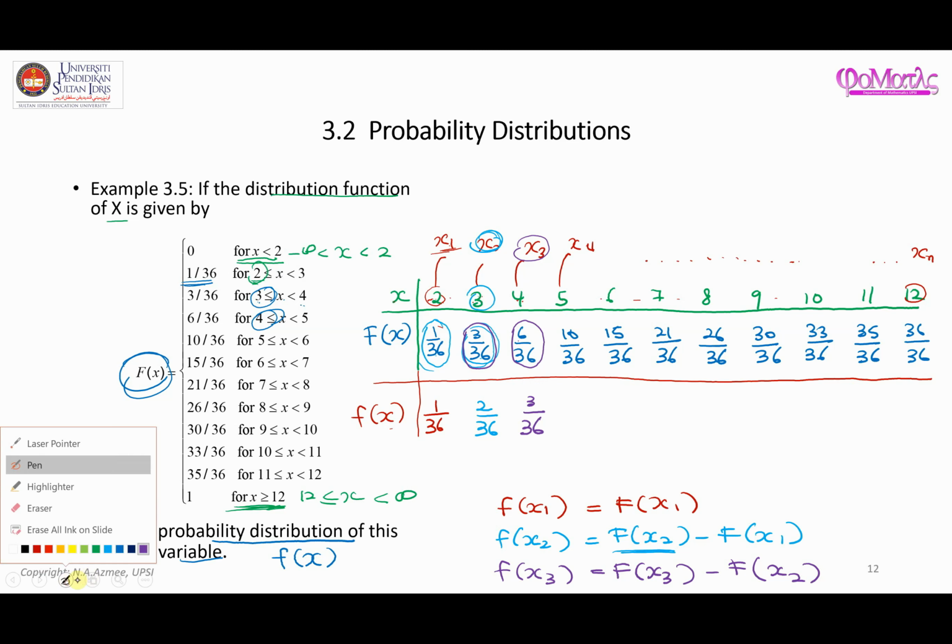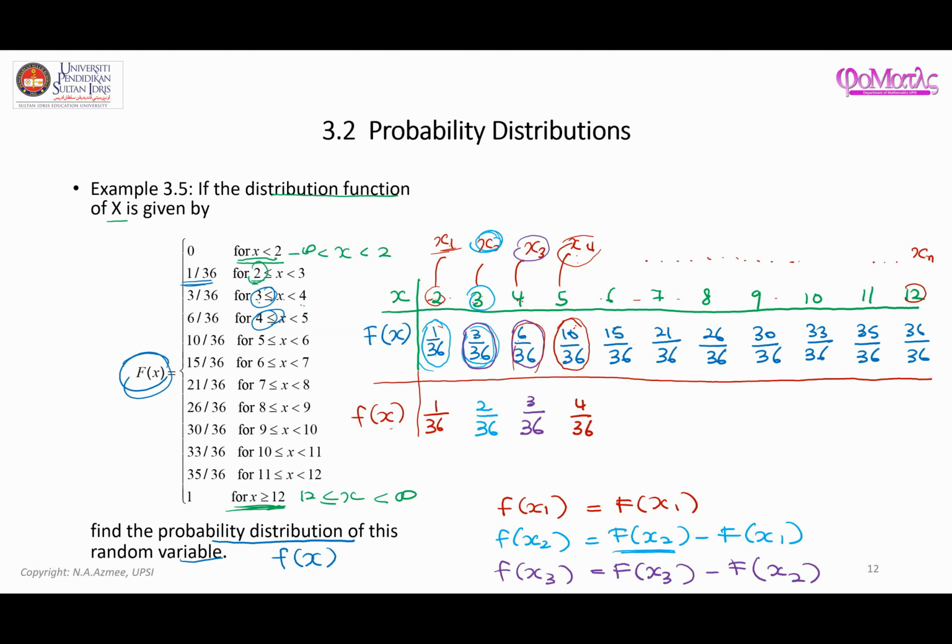Now, in a similar manner, I think you get the idea. If I want to find f(x4), I have to take this value minus this value. So 10 minus 6 is going to be 4 over 36. For this one, I'm going to take 15 minus 10, so it's going to be 5 over 36. I'm just following the same pattern. For this one, 21 minus 15 is 6.